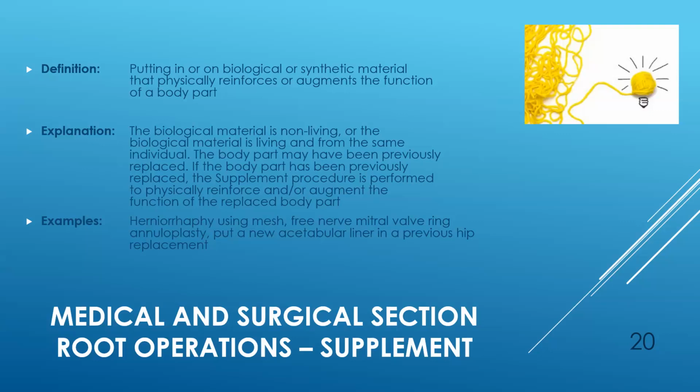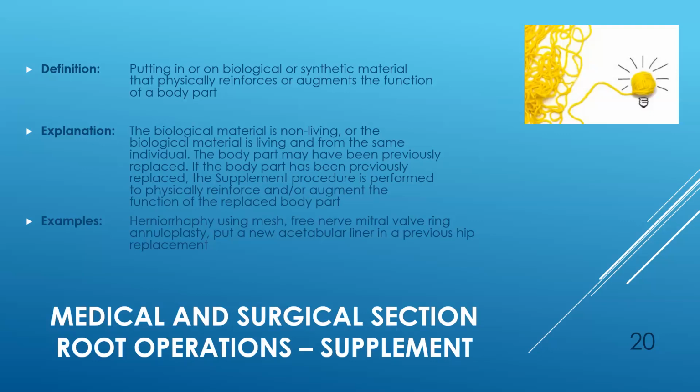So when they do a herniorrhaphy using a mesh, the mesh reinforces, it supplements the procedure. A free nerve graft, a mitral valve ring is another example, or an annuloplasty, or a new acetabular liner. So you've had a previously replaced hip, and the liner is worn down.